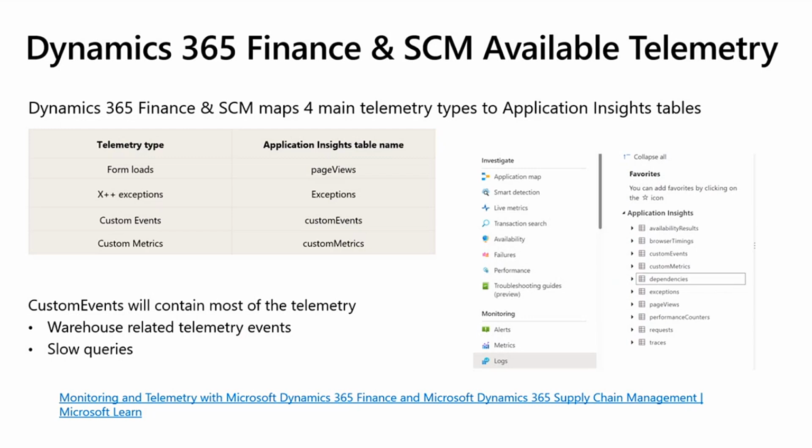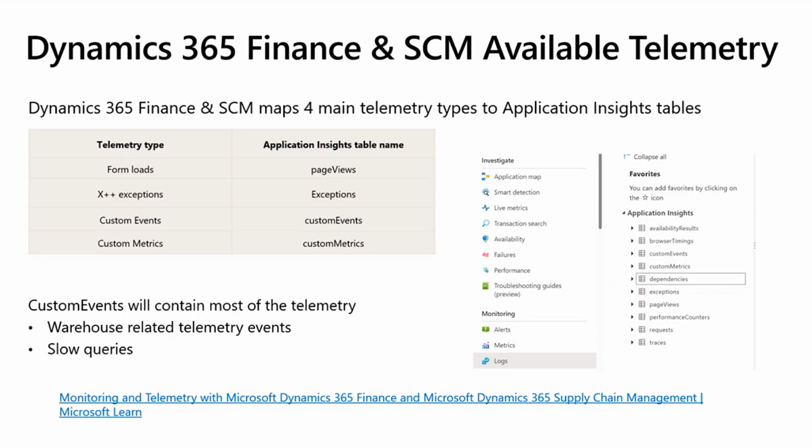For exception information, so basically any error that happens in X++ that passes through the info log will end up in the exceptions table in Application Insights. So many of the tools that are available on App Insights itself, for example the failures tab and failures tooling, are going to be available right off the bat.